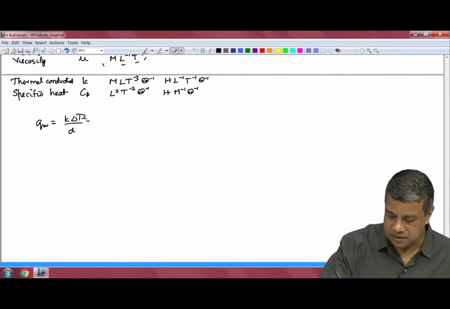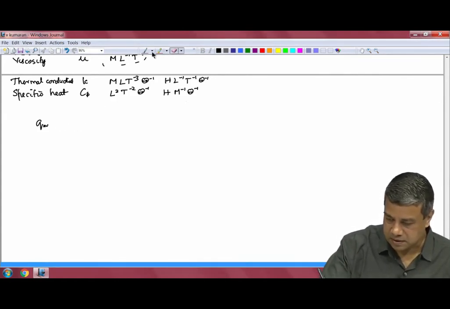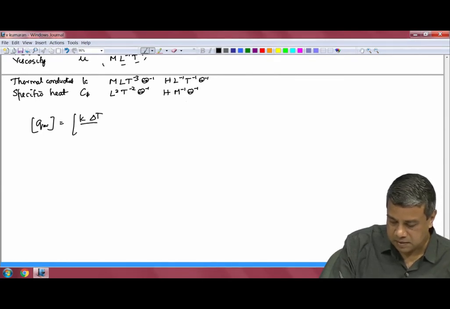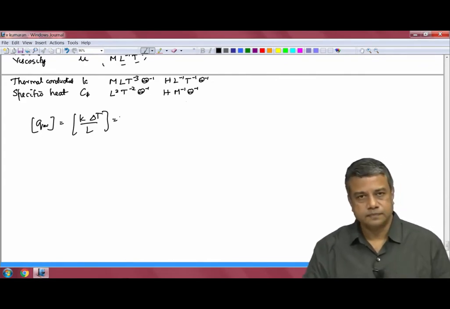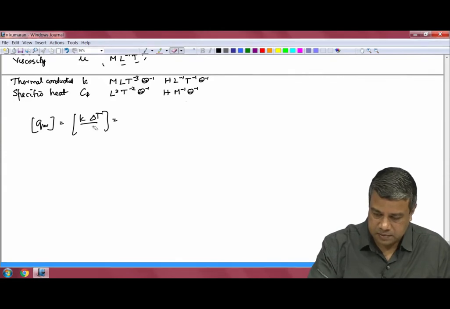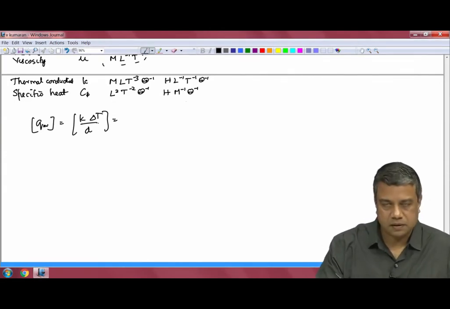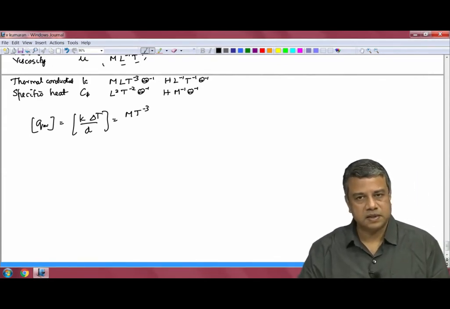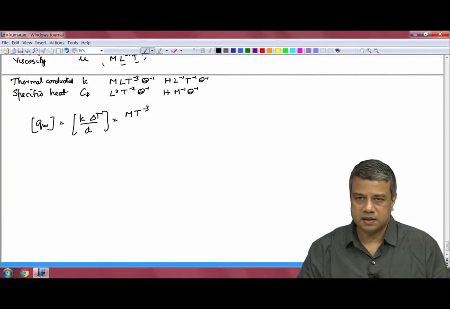It has the same dimension as K times delta T by L, or in this case we should use the diameter. This has dimensions of mass times T power minus 3. We had just calculated that. The thermal energy transfer rate has dimensions of mass times T power minus 3.